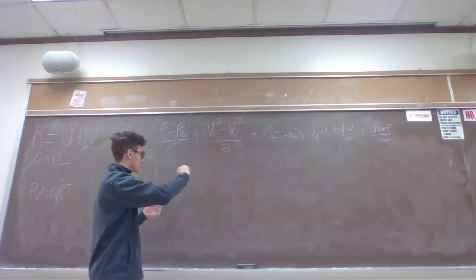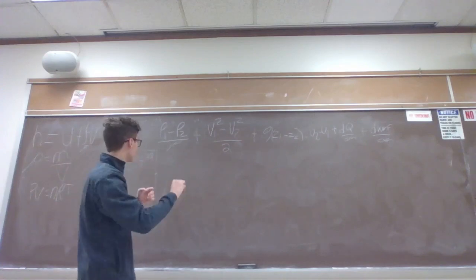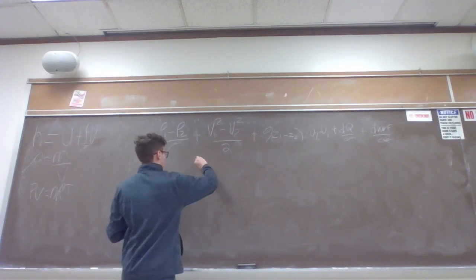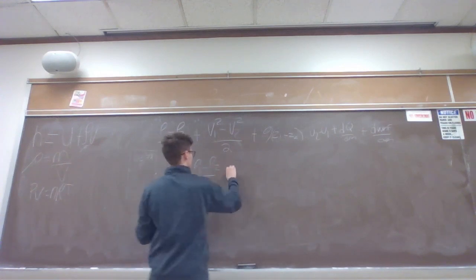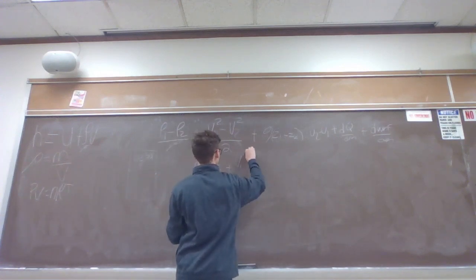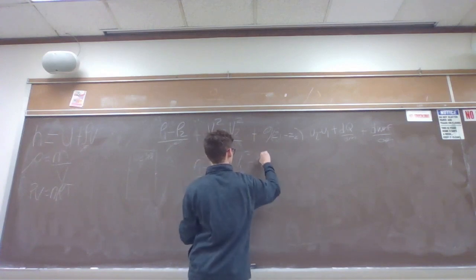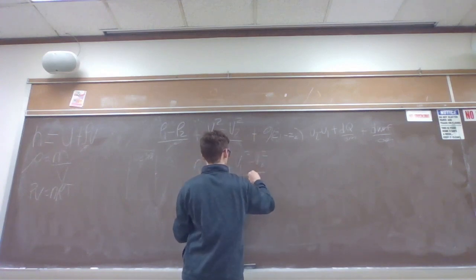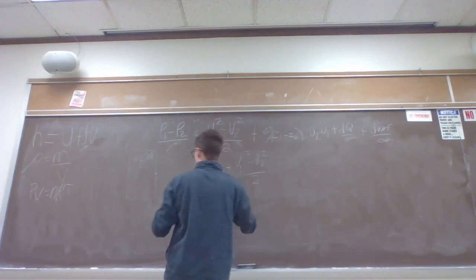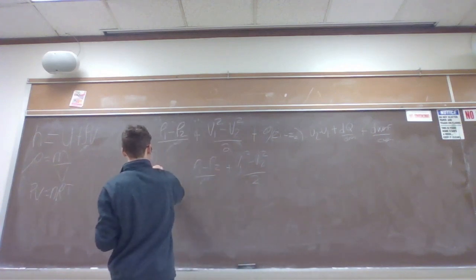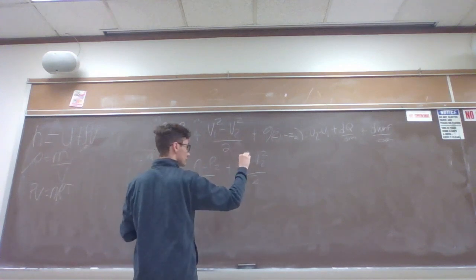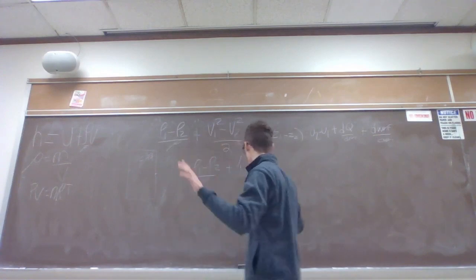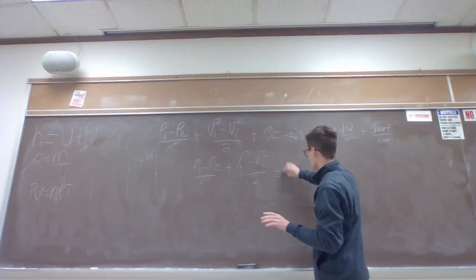We know potential energy is going to cancel, so we are going to be left with P1 minus P2 over rho plus V1 squared minus V2 squared all over 2. And if we say this is V1, that means right here is going to be V2. And that equals 0.